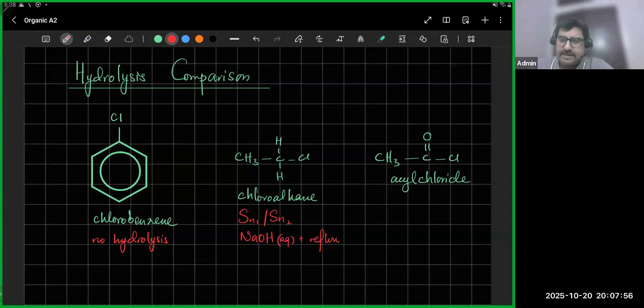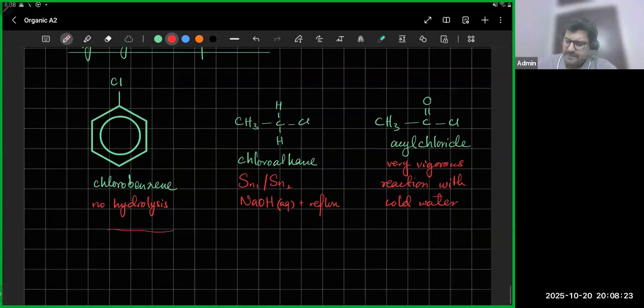The third one is the acyl chloride. I haven't studied it yet, but what happens in acyl chlorides is they have a very vigorous reaction with cold water. So ease of hydrolysis increases when you move to the right.